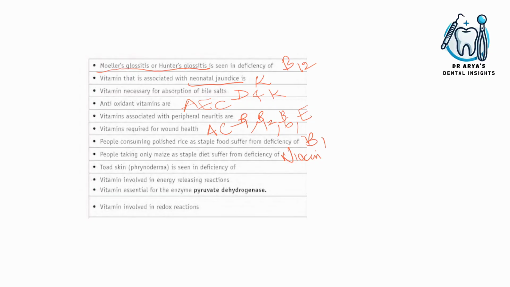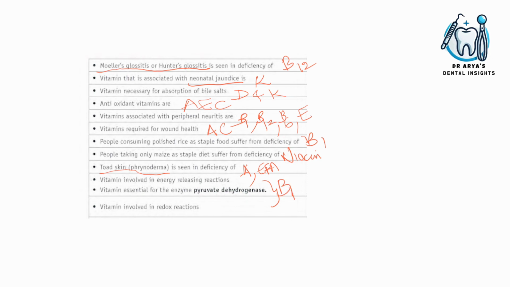Then toad skin, that is phrynoderma, is seen in the deficiency of vitamin A and essential fatty acids. Okay. Then the vitamin involved in energy-releasing reactions and also essential for the enzyme pyruvate dehydrogenase is vitamin B1 or thiamine.